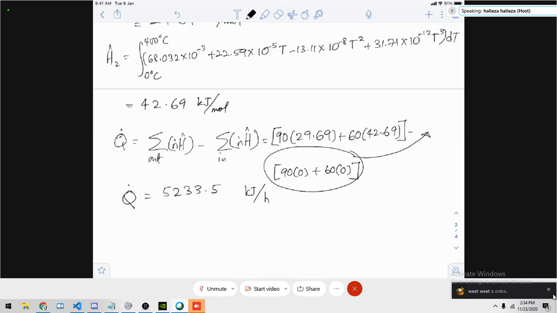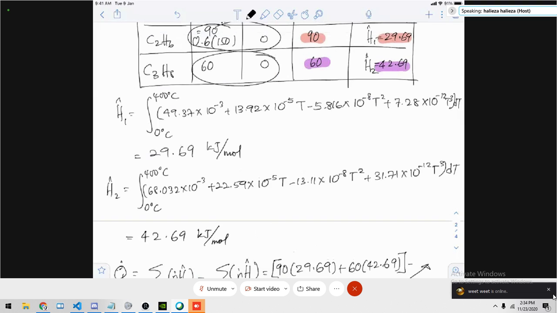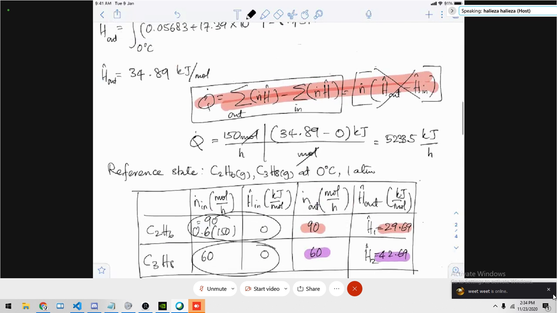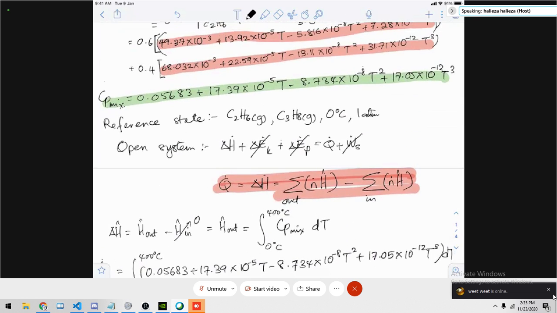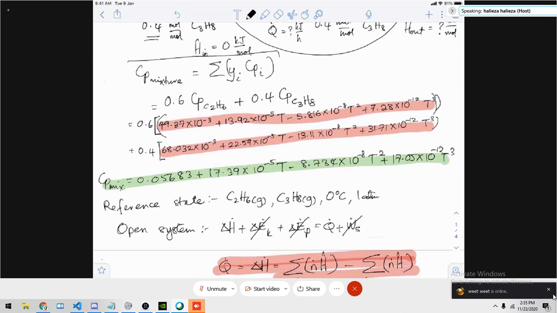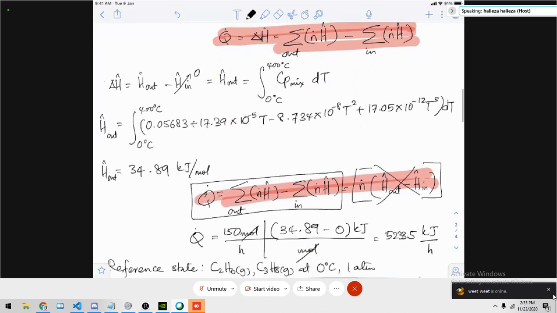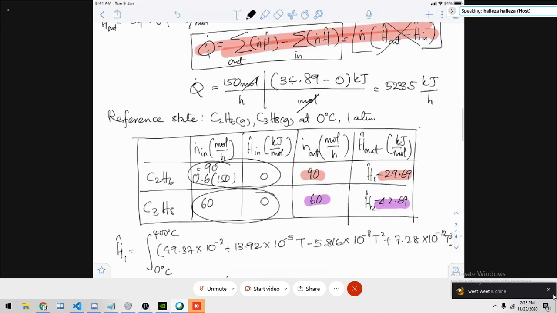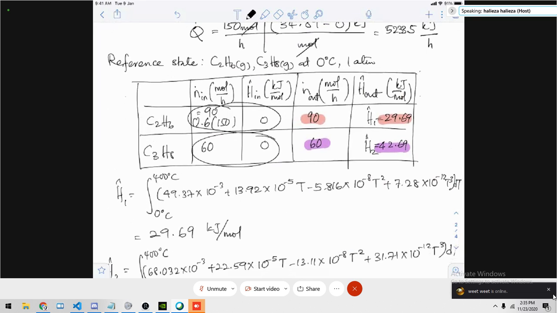So I have shown you two ways of solving this problem. You can either use the CP of the mixture, the heat capacity of the mixture, using this equation, or since we are dealing with gases, you can also use the individual CP of every component in that mixture.